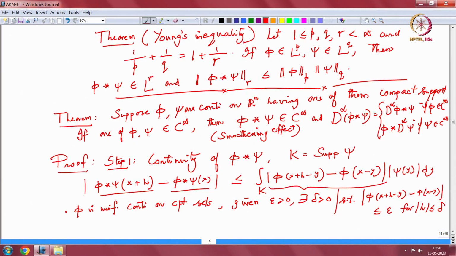Once that is less than epsilon, you can take it out, and then psi is an integral of psi over k, which is a finite quantity. So, basically this integral is small. So, as h tends to 0, phi star psi of x plus h tends to phi star psi of x, proving the continuity.